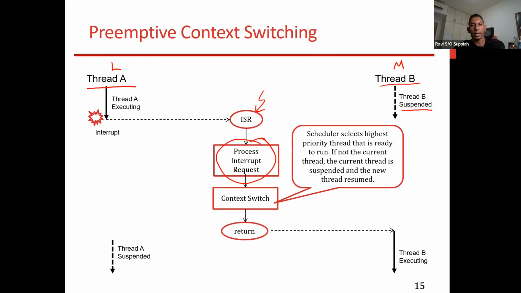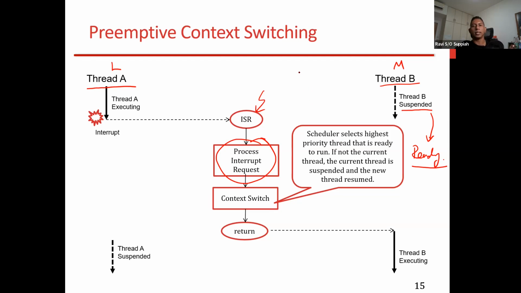When that particular resource suddenly becomes available, the OS will be able to switch the task from the suspended state to the ready state. And since task B is higher priority, task B will automatically go to the top of the queue.